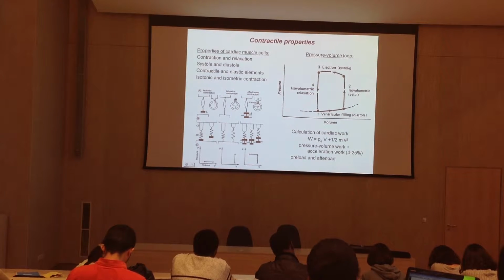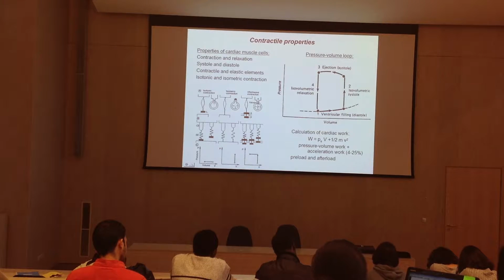What is the other load, which represents the pressure in the aorta? This load is after the heart. Therefore, it is called afterload. If the pressure in the aorta is not 120 millimeter mercury, but only 60 millimeter mercury, in this case, the afterload will be smaller.